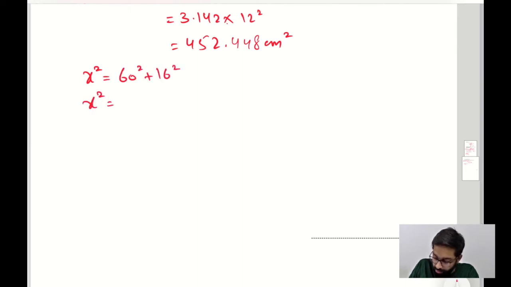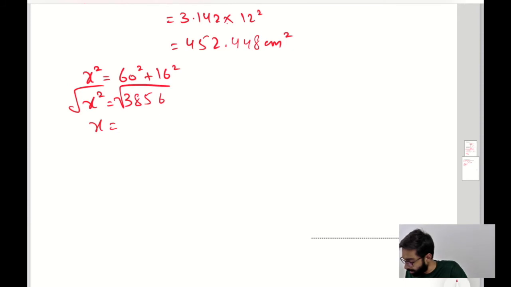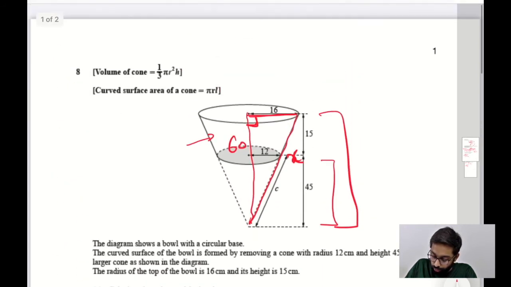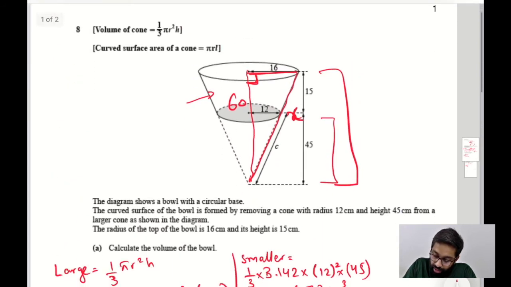We get 3856. So x comes out to be, if you square root both sides, 62.1 centimeters.